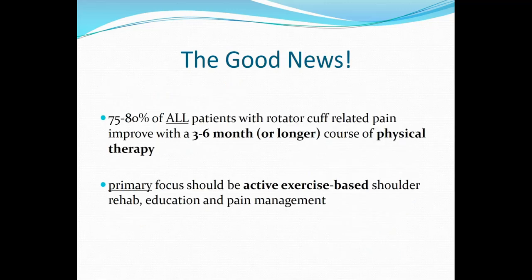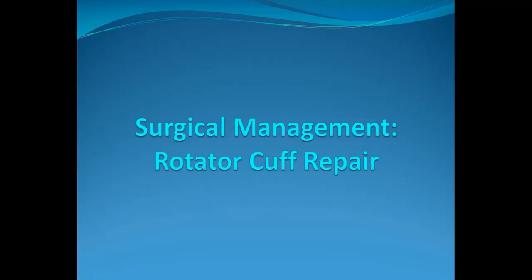The good news is that 75 to 80% of all patients with rotator cuff related pain improve with a 3 to 6 month course of physical therapy. The primary focus is education, pain management, and exercise-based active shoulder rehab. Research shows the results of active, exercise-based rehab are equal to surgery. Now that we've talked about rotator cuff-related pain, we'll move on to surgical management of rotator cuff tears.